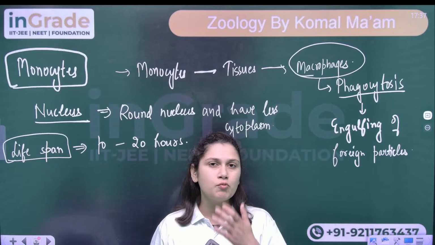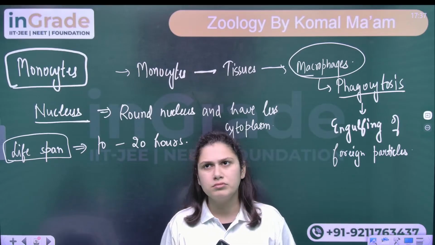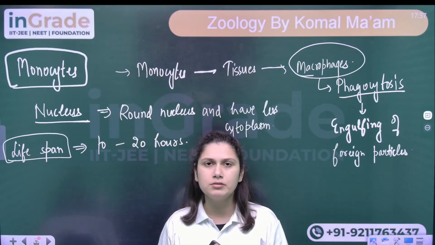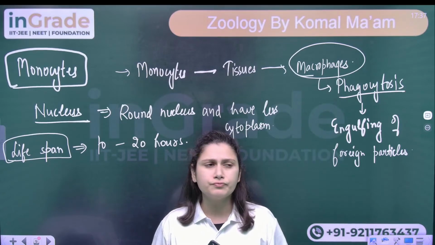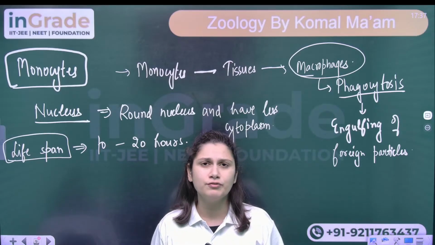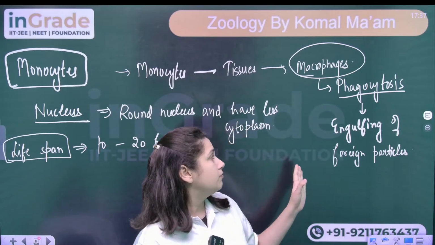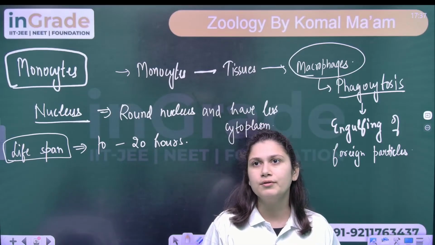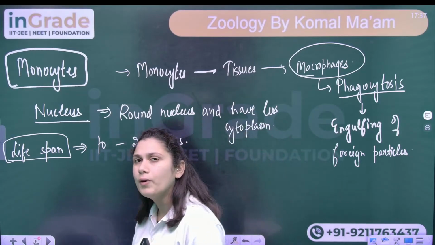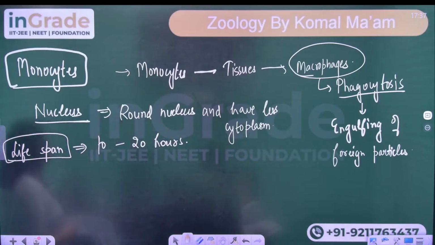For protection from virus, neutrophils are useful. And for parasitic infection, eosinophils are useful. Okay, I hope I have made myself very clear, Surendra.